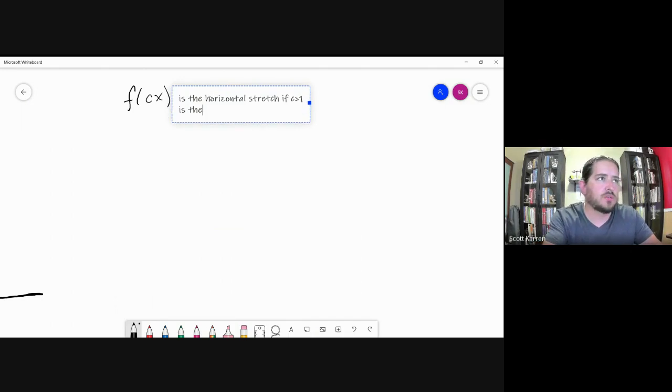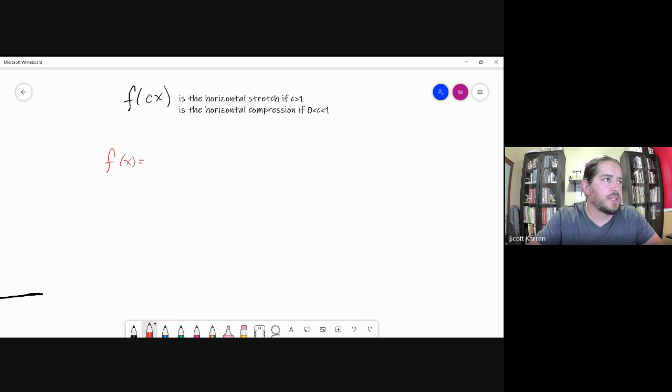But it is the horizontal compression if it's somewhere between 0 and 1, right? So what I mean by this is if I have f of x equals, say, the square root of 2x, right? Oh, I wrote these wrong.